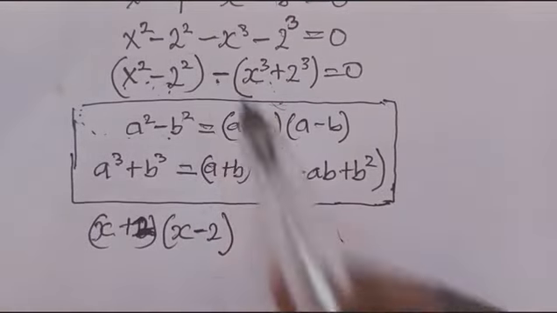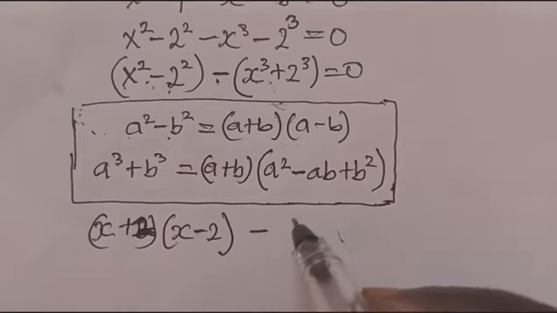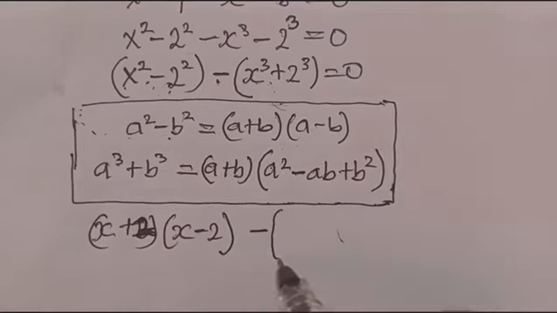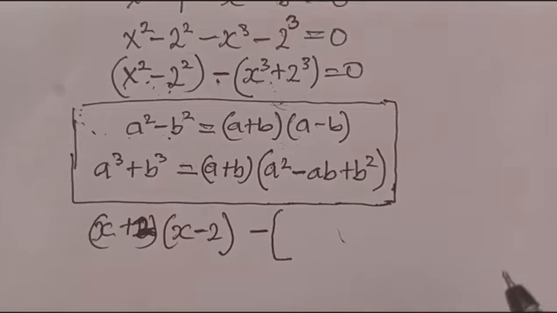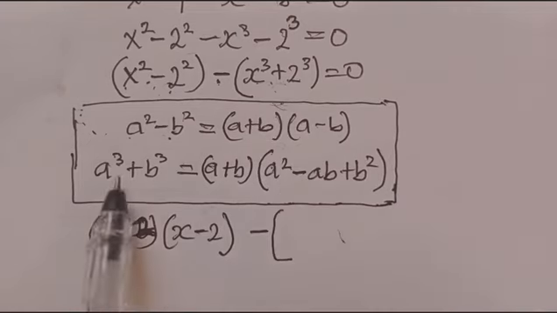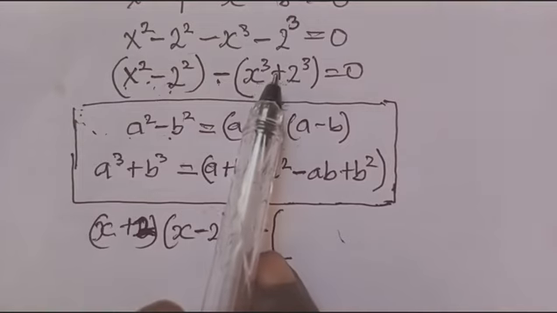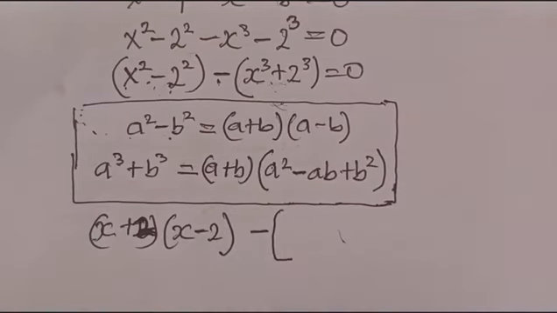Because there is a negative sign here, let's have a big bracket, minus this and this. The sum of 2 cubes gives us what?